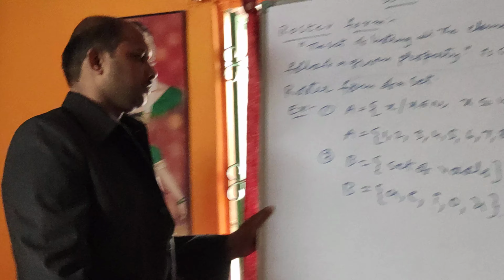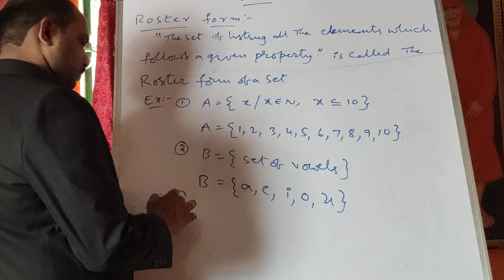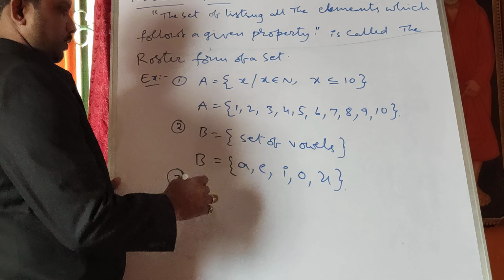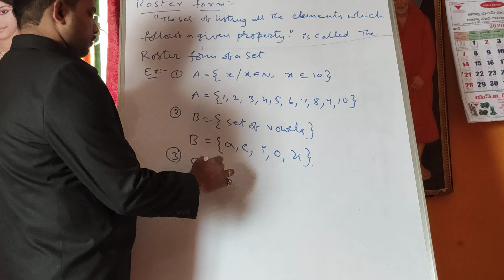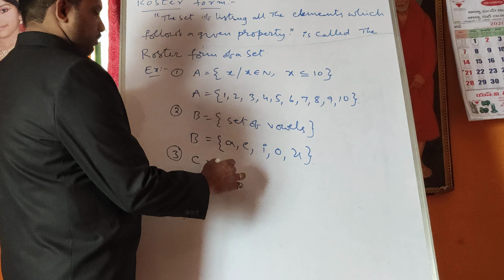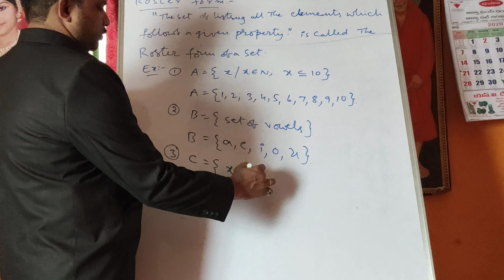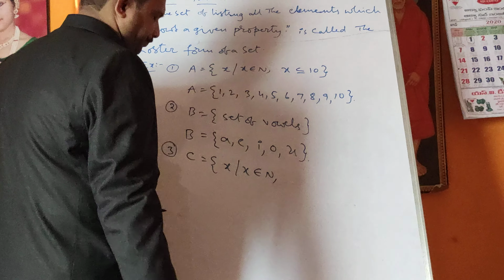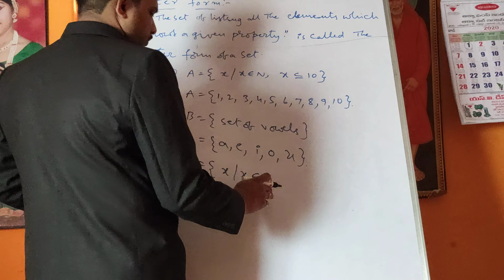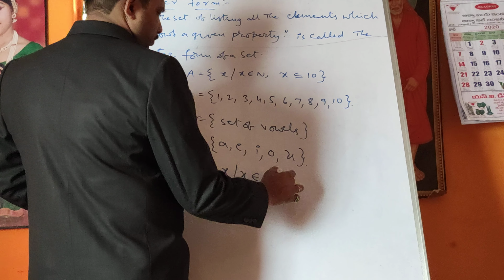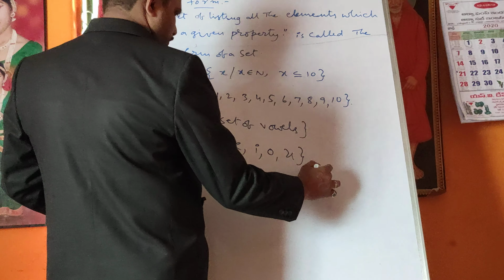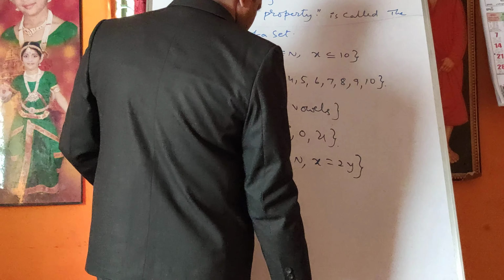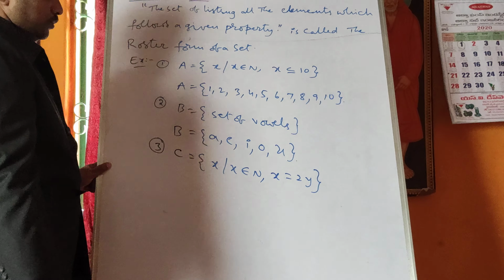Next, C is equal to {x such that x belongs to N and x is equal to 2y}.